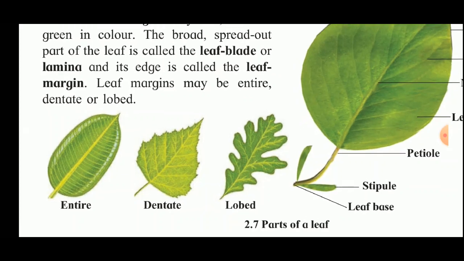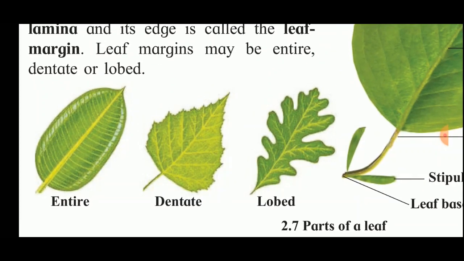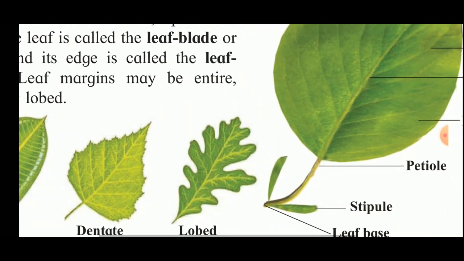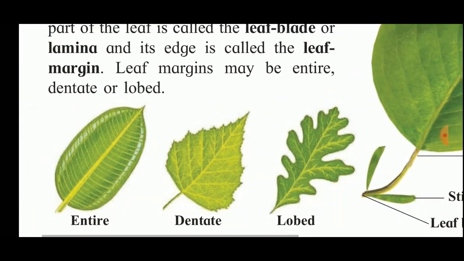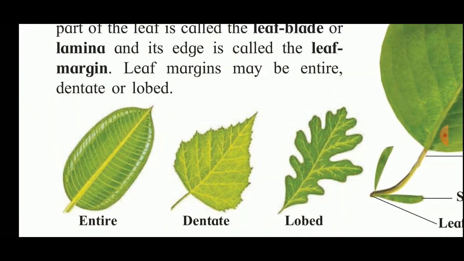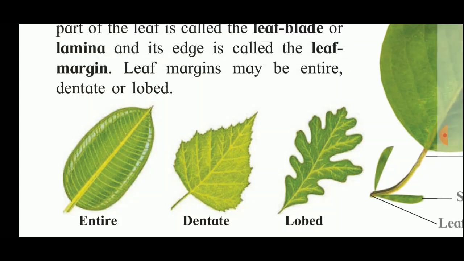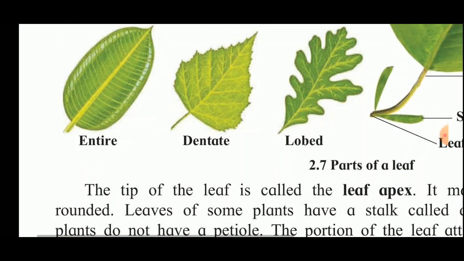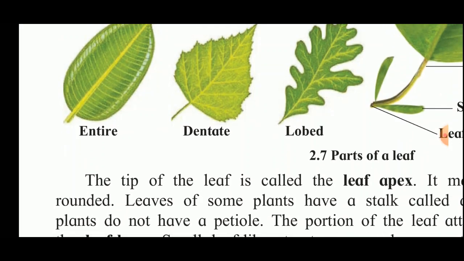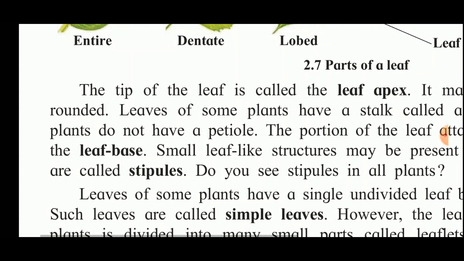This type of leaf is called dentate, and this type of leaf is called lobed. You can go around your house and see the different parts of the plant. Now, the tip of the leaf here.